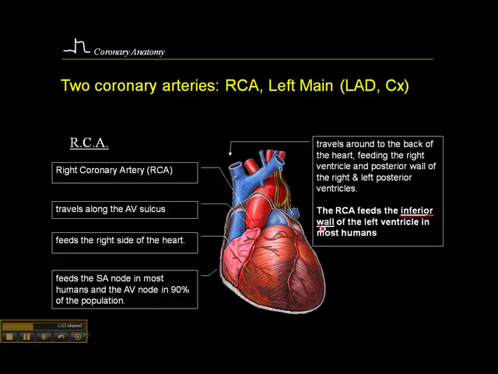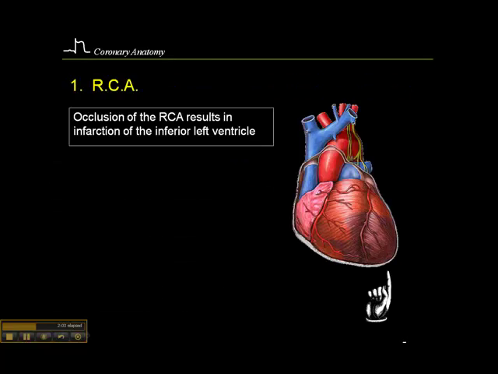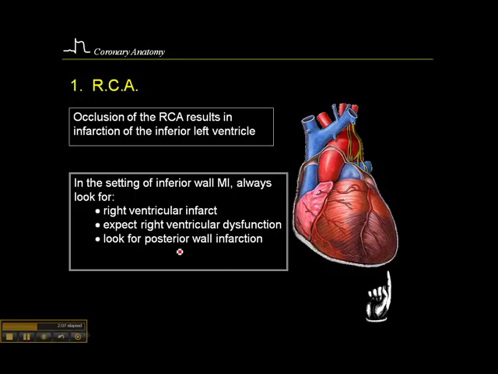this is very important. So when you see an inferior wall infarction on the 12-lead ECG, and we'll talk specifically about what signs to look for on the electrocardiogram later for an inferior wall MI, then we want to consider the possibility that there may be a right ventricular infarction, because you'll recall that the RCA feeds the right ventricle as well.